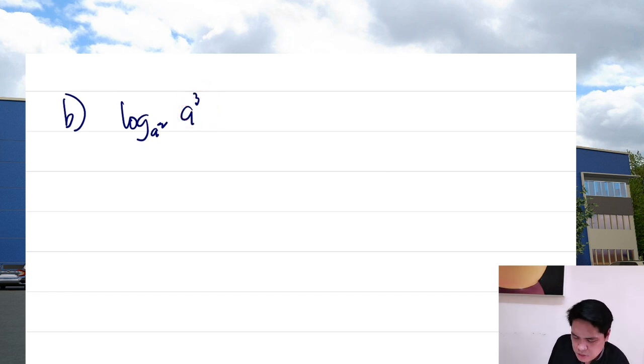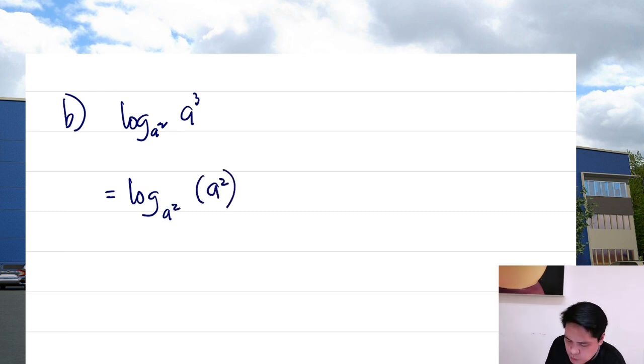So, medyo madali lang. We could rewrite this as kung a squared dito, dapat a squared din dito. So, what would we raise this to na ang result niya is a cube. So, ako din sasagot, I would raise this to 3 over 2. Okay? Because if you multiply this 2, ma-cancel out, so a cube nang maiiwan.